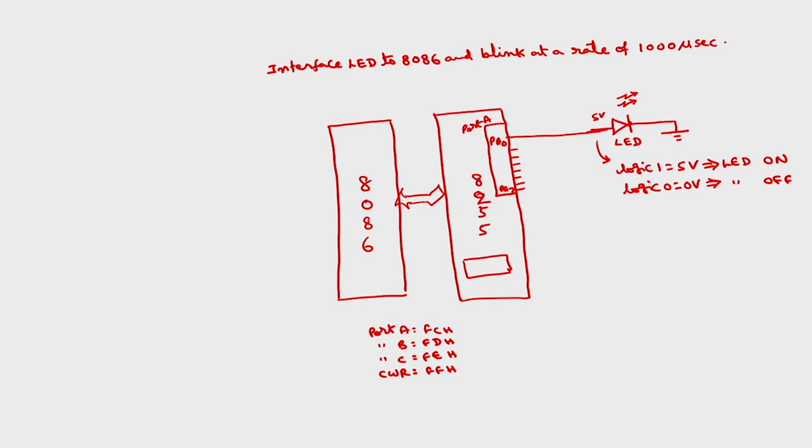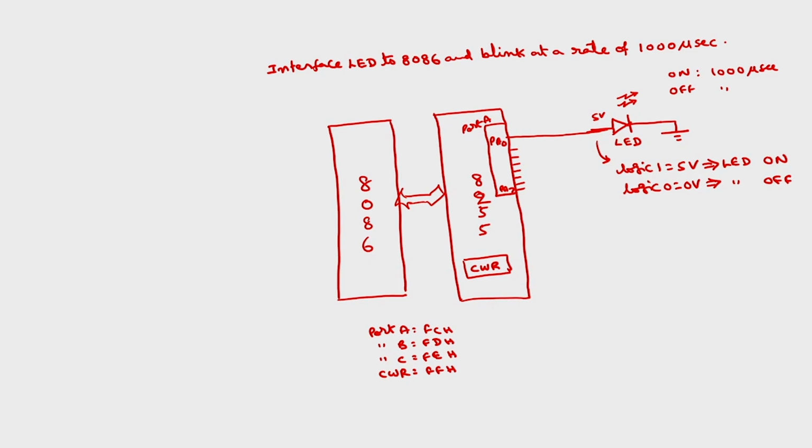It should be on for 1000 microseconds, then off for 1000 microseconds, and we have to repeat the same thing. Okay. For that, the very first step in order to connect any input output device is to set the control register to meet the requirements. So what is the requirement here?